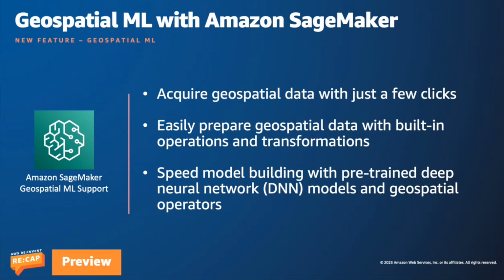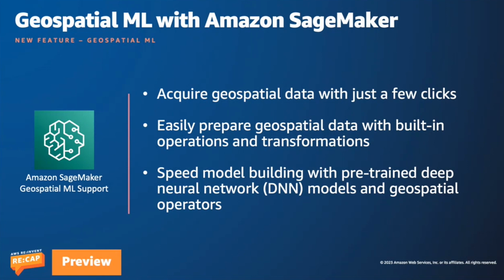When it comes to geospatial data, there are different types of data. For example, you have vector data that uses two-dimensional geometries for building locations, like points, rows with lines, or polygons.